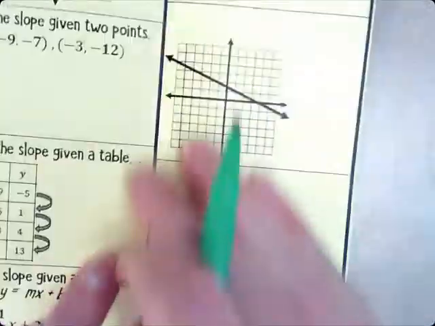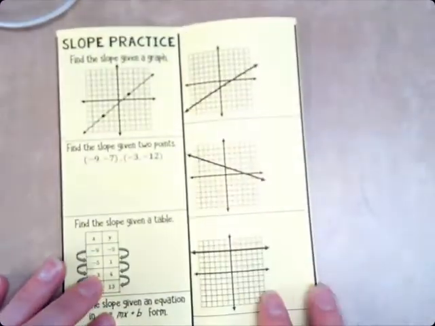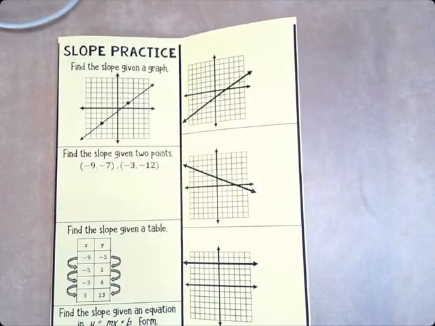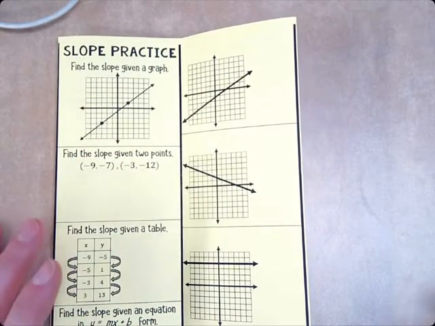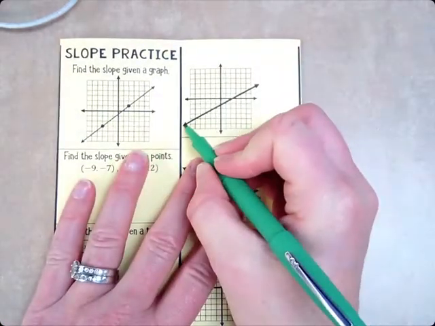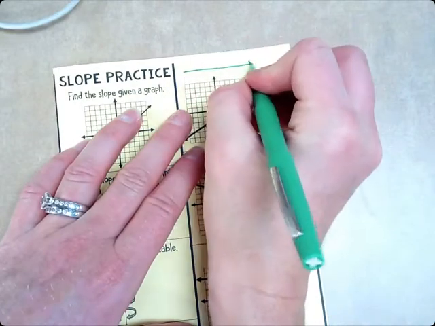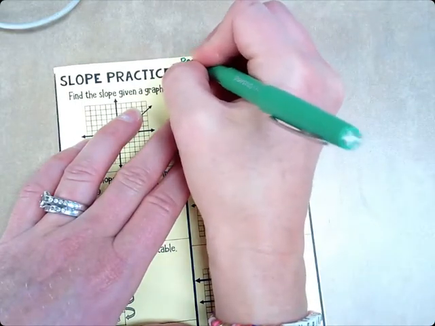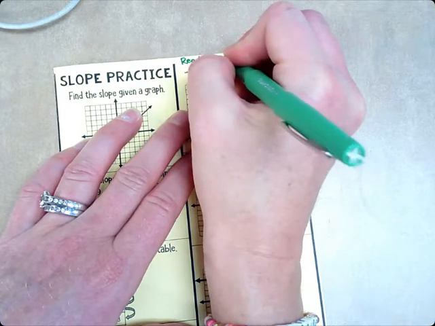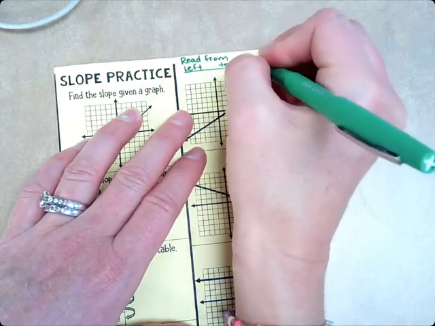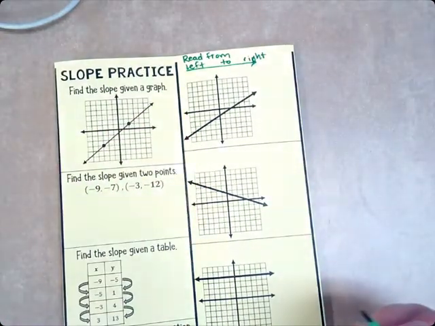Okay, let's look on this side. All I did was fold that over. And let's just talk about what kind of slopes these are. Remember, you read slope from left to right to know if it's positive, negative, zero, or undefined.